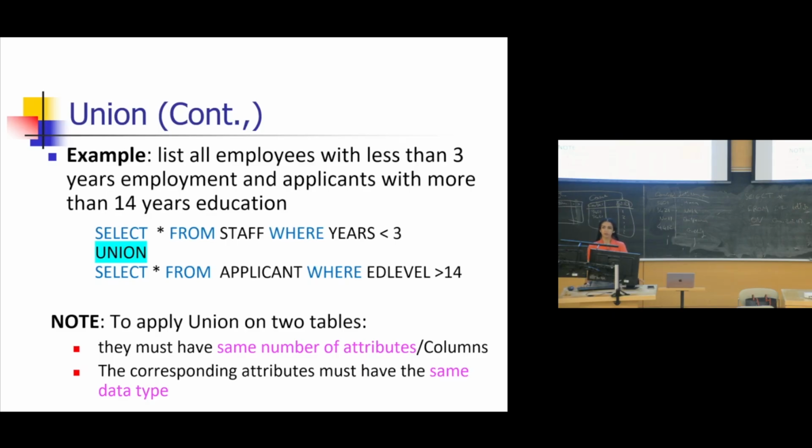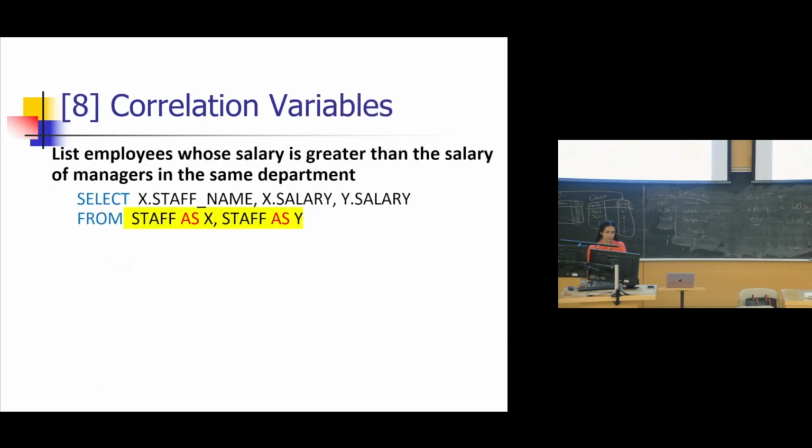And let's say we have an applicant table with the same number of columns, right? The only difference is that staff is now applicant, and staff ID is applicant ID, staff name is applicant name. The data types are the same, everything is the same. So in that case, you can union select star from applicant where education is, for example, greater than something. So this is the condition that I explained.